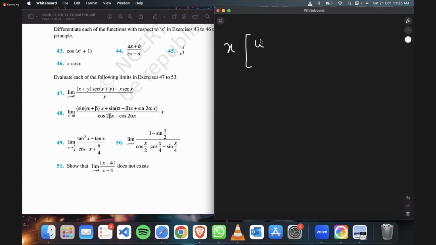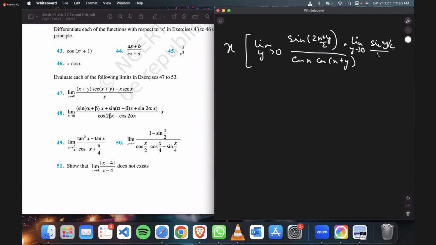So x times limit y tends to 0 of sin((2x+y)/2) divided by cos(x+y), times limit y tends to 0 of sin(y/2) divided by y/2, and there's a plus sec x term as well.